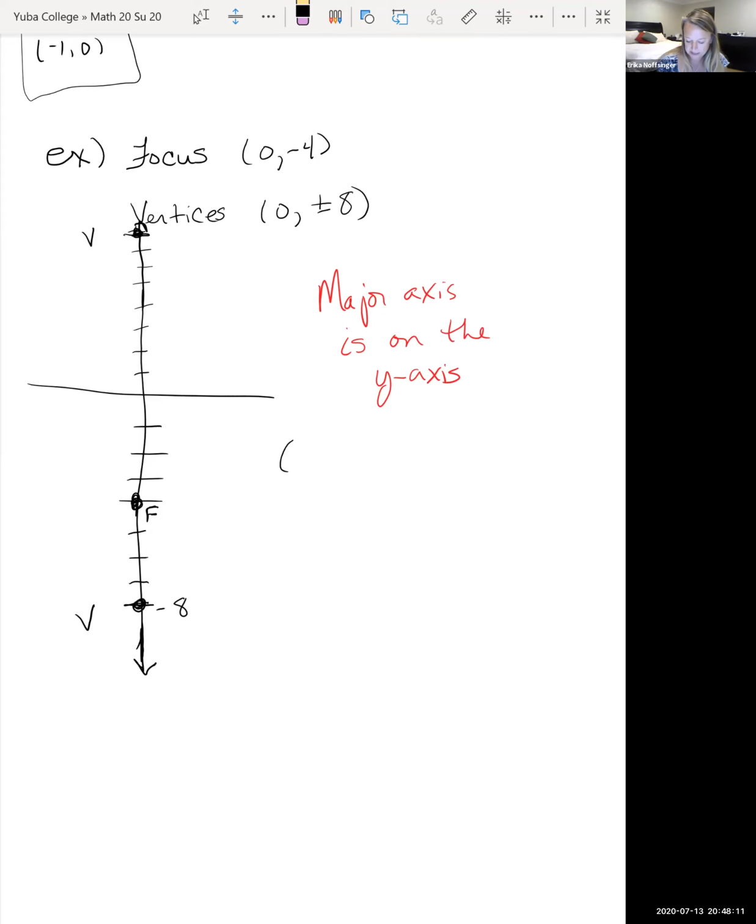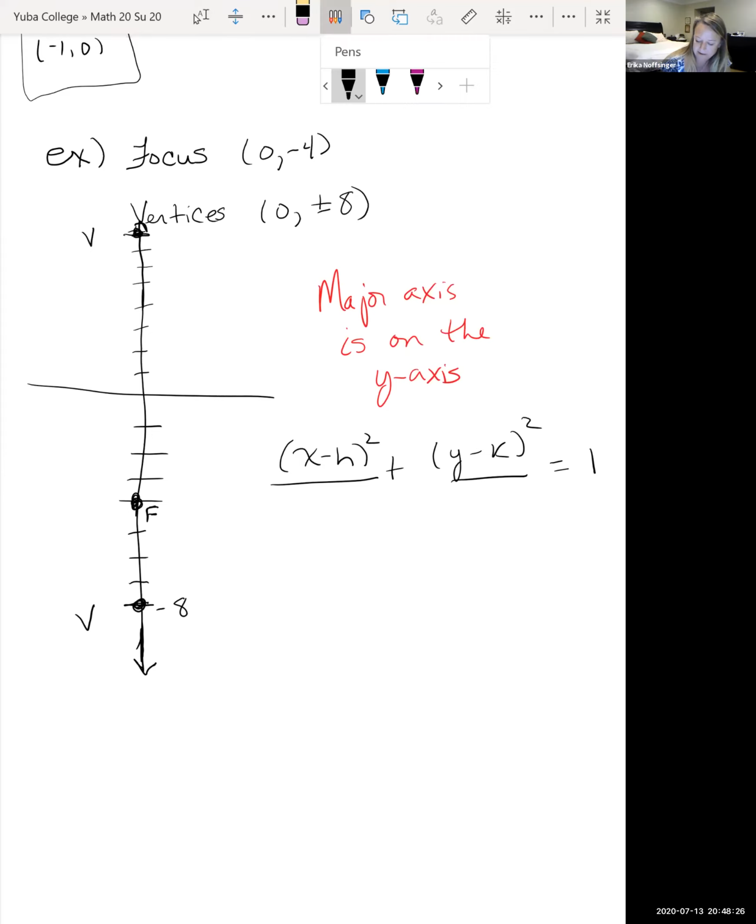It's going to be x minus h, quantity squared, all over, plus y minus k, quantity squared, all over something equals 1. Well, if the major axis is parallel with the y-axis, then the a value, the bigger number, is going to be underneath the y. So a squared is going to go underneath the y. And so that means my b value, the smaller value, is here, b squared.